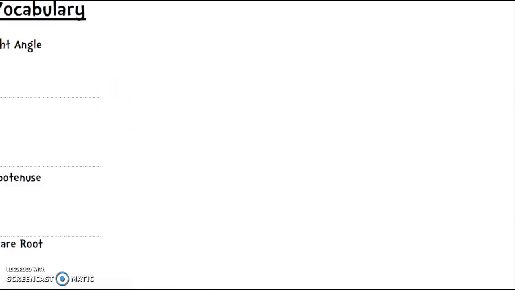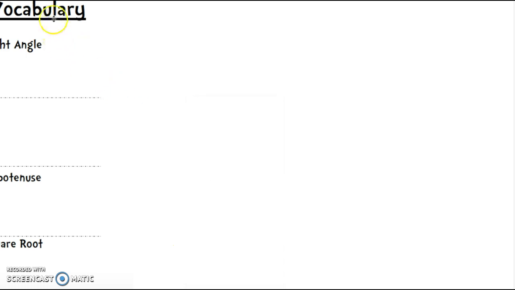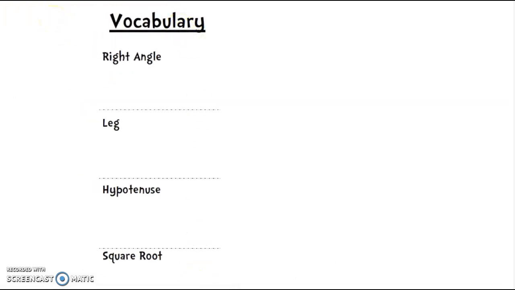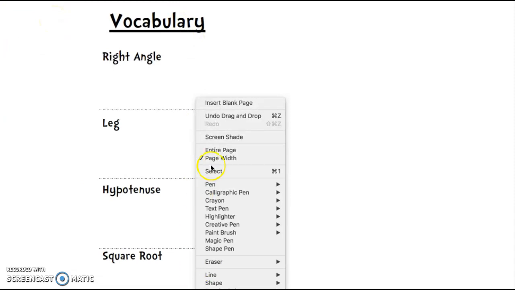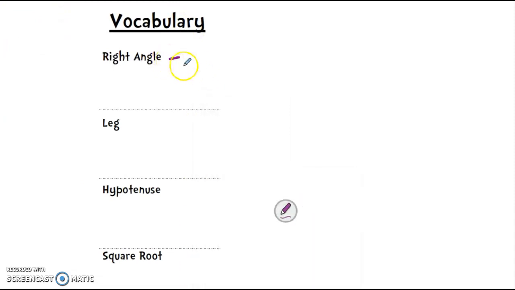Oops, let me go back and move this one over. Vocabulary. You know some of this and some of it we've done before, but maybe just a different word. So that's going to be a right angle, is an angle that measures 90 degrees.